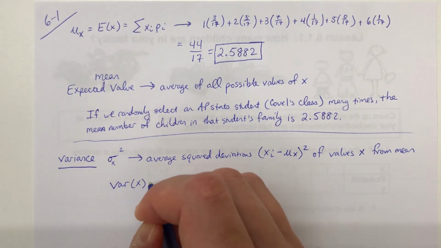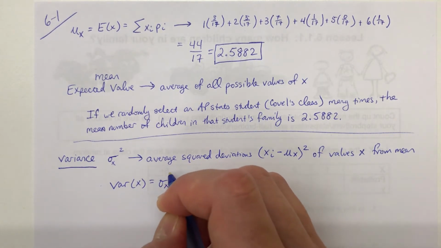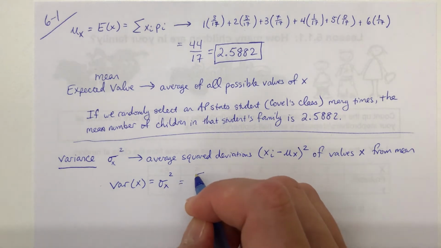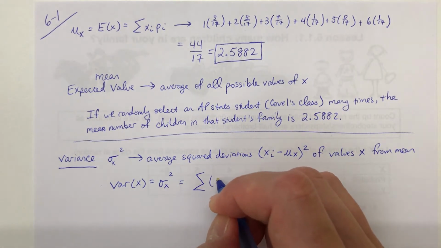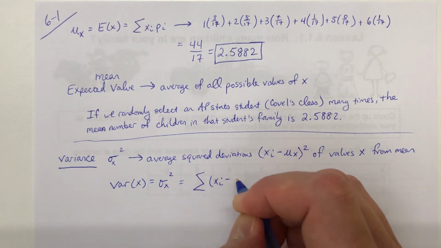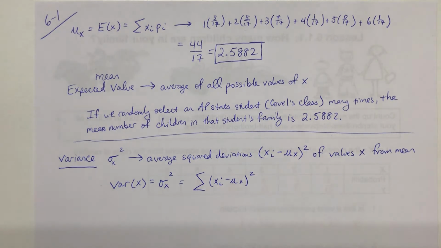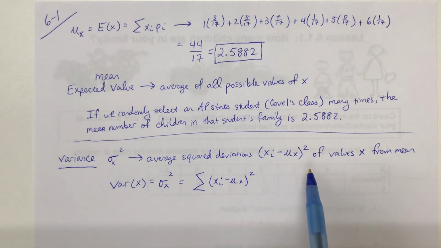The variance of x is the standard deviation of x squared, and it is the sum of those values squared.